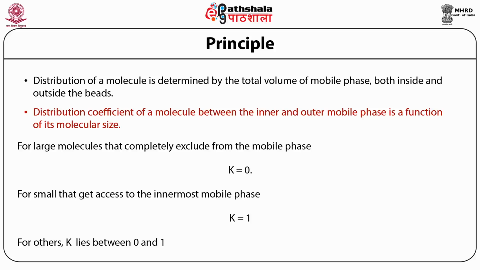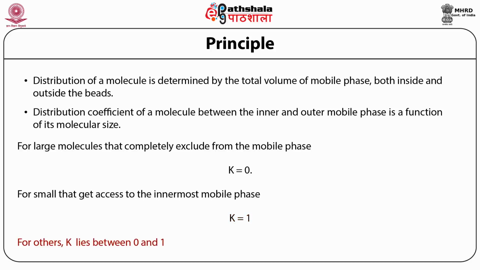If a molecule is sufficiently large to be completely excluded from the mobile phase between the beads, then the distribution coefficient K will be equal to 0. On the other hand, if the molecule is so small that it accesses the innermost mobile phase deep in the beads, then K will be equal to 1.